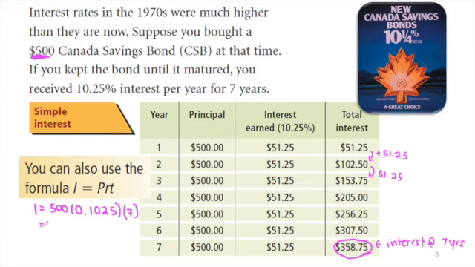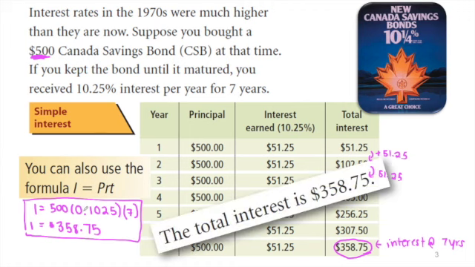If you put 500 times 0.1025 times 7 in your calculator, you get $358.75. So notice how much easier that is just calculating interest like that. Okay, either way though, if you use a table of values or the formula, you do get the same answer of $358.75 for interest.